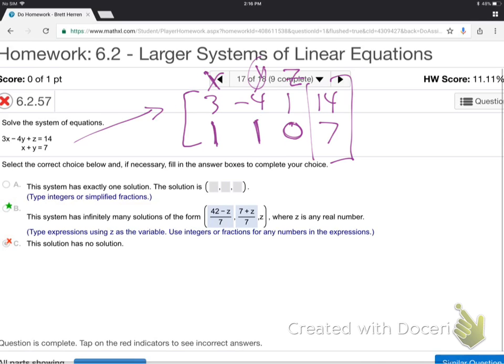Do the RREF. Reduced row echelon form. RREF. See what we get. This one's a 2x4, isn't it? 2x4 matrix.